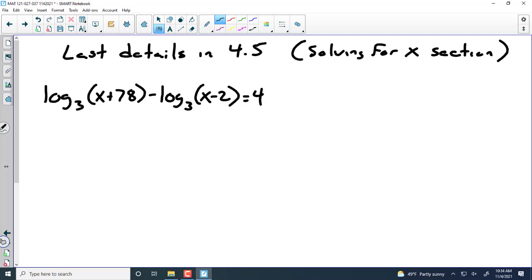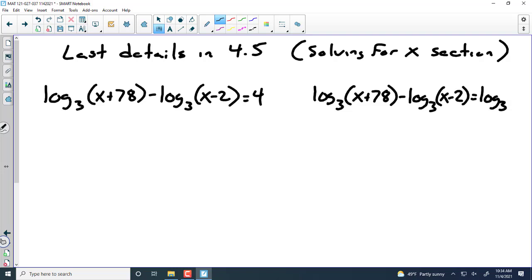And log base 3 of x plus 78 minus log base 3 of x minus 2 equals log base 3 of 4.